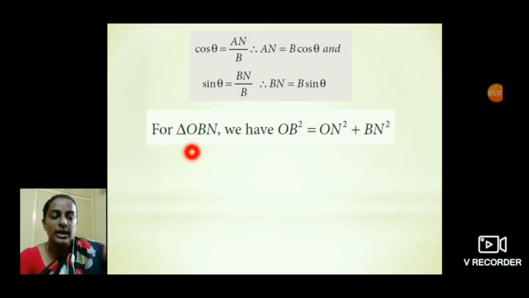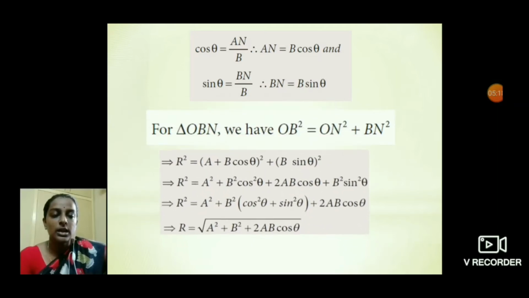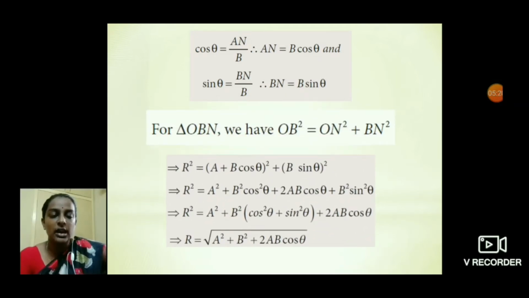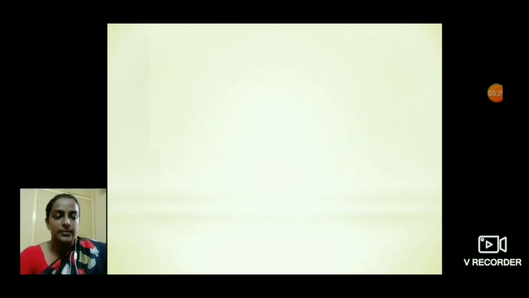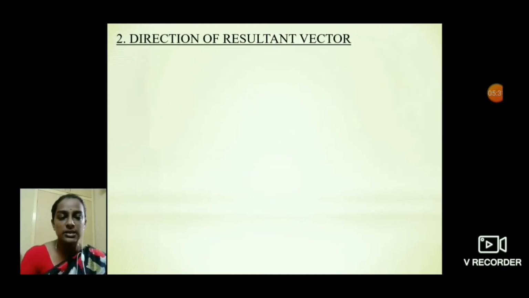Therefore, for triangle OBN, we have OB square is equal to ON square plus BN square. This is given by Pythagoras theorem. So when we substitute everything, we get R is equal to root of A square plus B square plus 2AB cos theta. That is the magnitude.